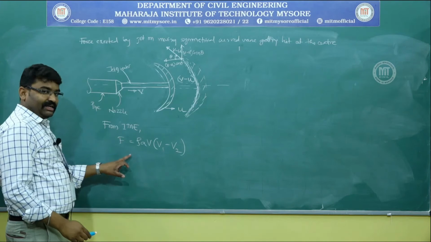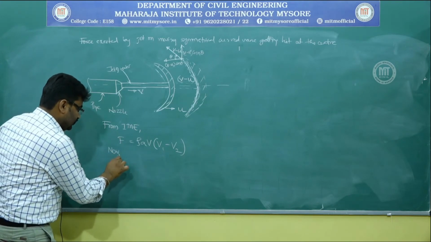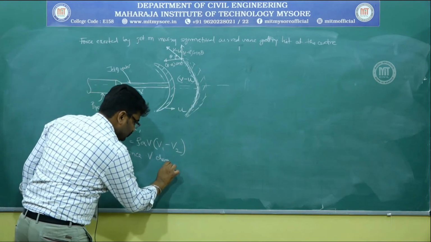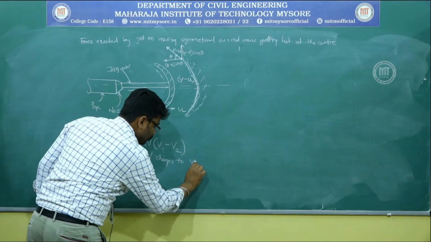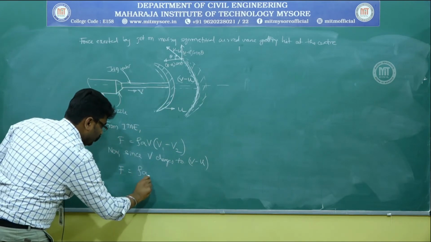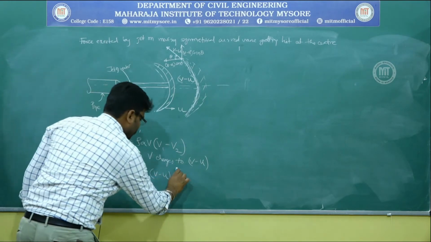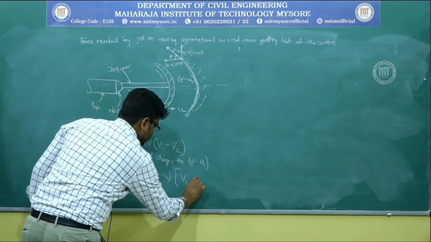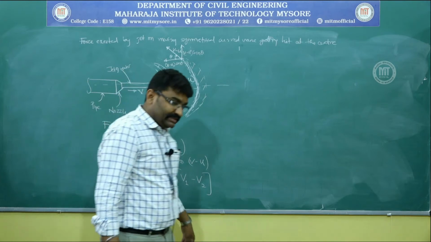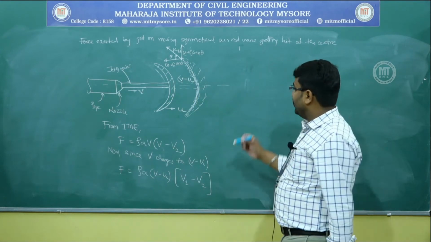So, in this equation, since v changes to v minus u, F is equal to rho into a into (v minus u) multiplied by initial velocity minus final velocity. I will use this equation and then apply it in x and y direction.